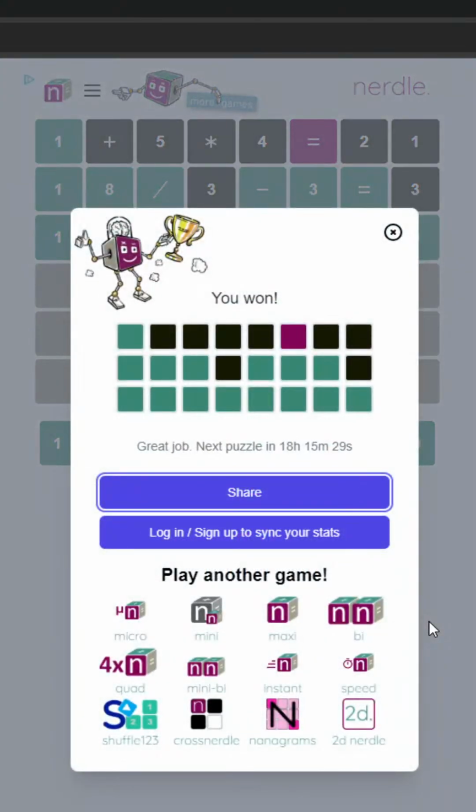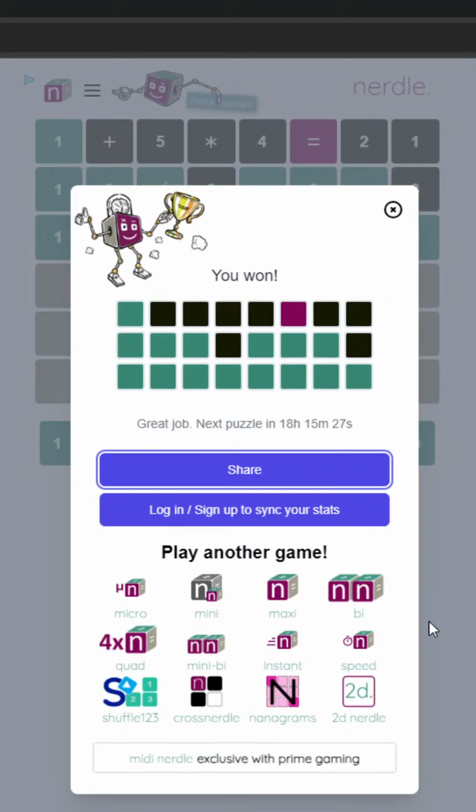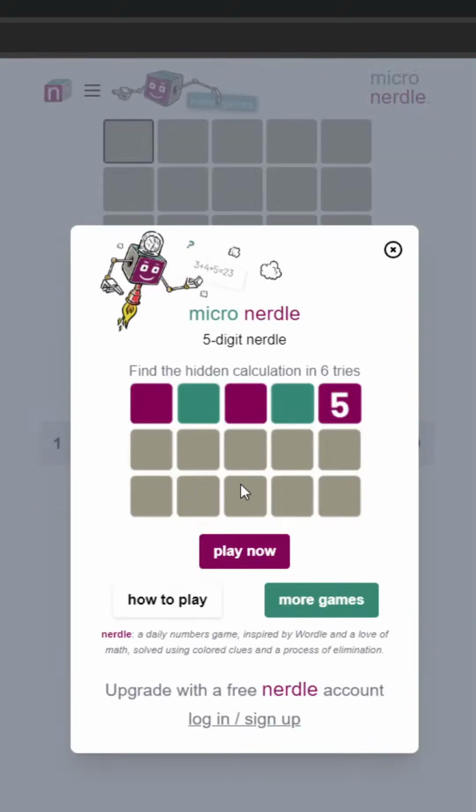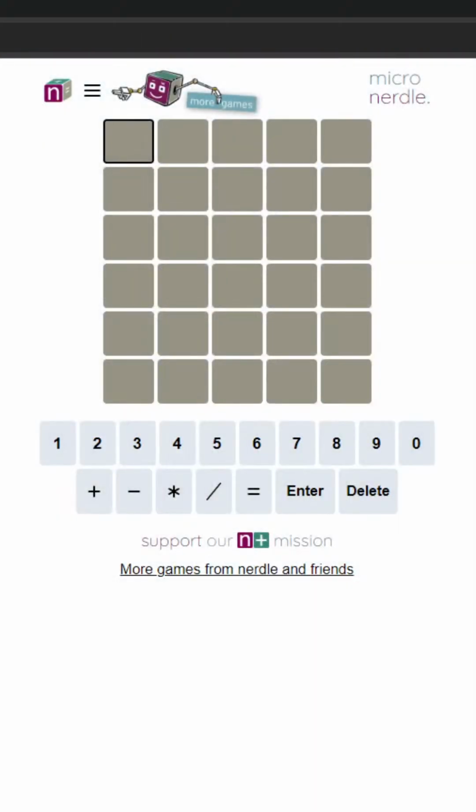Oh, too easy. It looks like there's a bunch of other versions of this. I wasn't aware. Let's try micro. This one's way smaller, so I can blow it up a little more. Oh, it looks fine on the screen. Okay. Probably going to be an equal sign here.